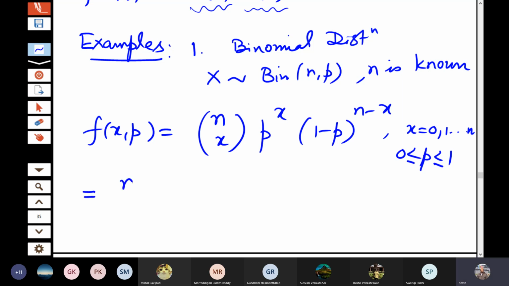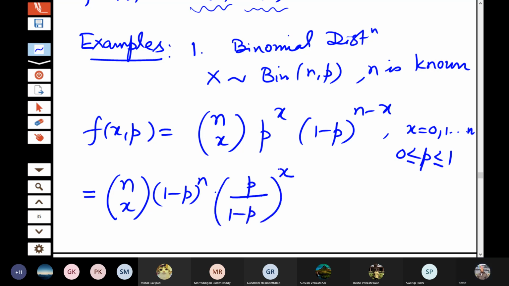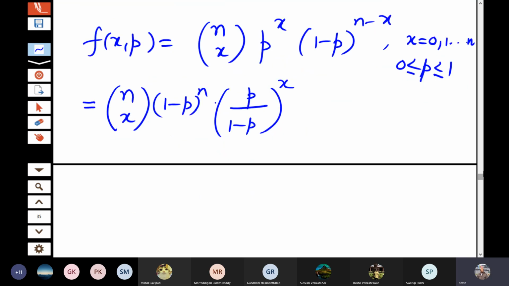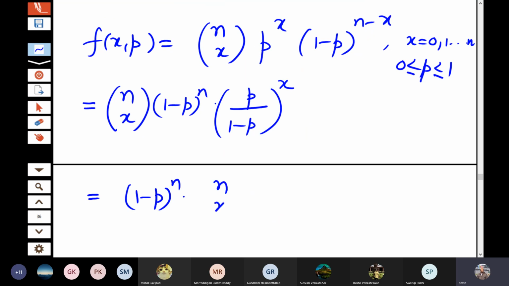This term we can write as nCx (1 minus p) to the power n, (p by 1 minus p) to the power x. And then you can further write it like this: (1 minus p) to the power n, nCx, e to the power x log(p by 1 minus p).